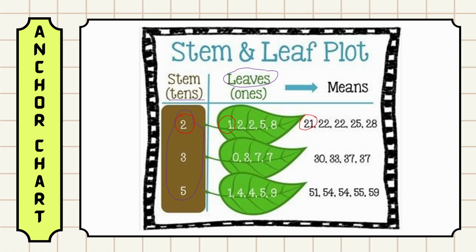The second number would be 22 right here. Then we have another 22. Okay, so here's the other 22, and so on. So all of these are representing numbers with the tens placed in the stem column and the ones placed in the leaves column.